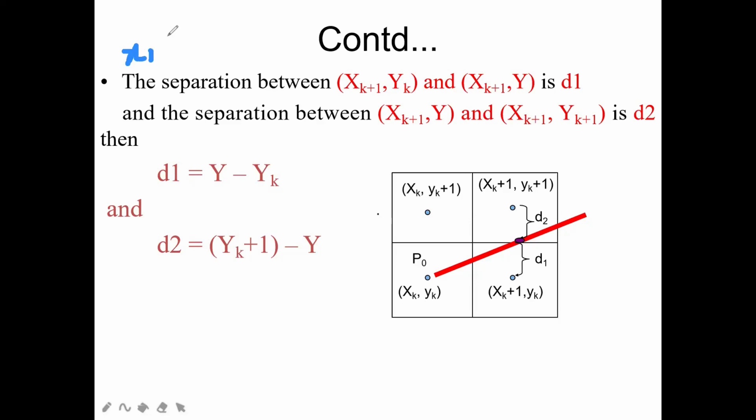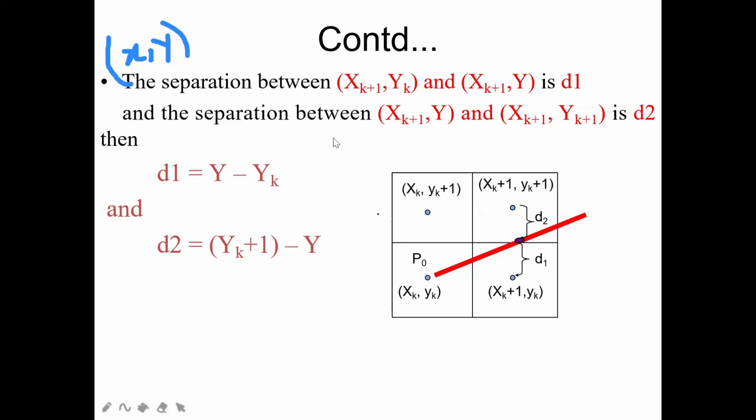Now you can see that xk plus 1 comma yk is my incremental value. If the coordinate values are xk comma yk, then I have to consider both xk comma yk and also x comma y.